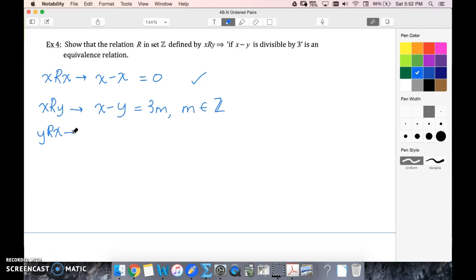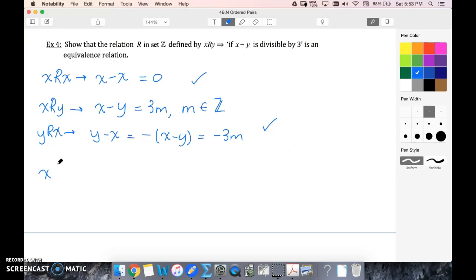Well, this is going to imply y minus x, but y minus x is just going to be the negative of x minus y, which is going to be negative 3m. This is also going to be divisible by 3. It'll be negative, but it's still divisible by 3, so therefore we have fit the property of being symmetric.